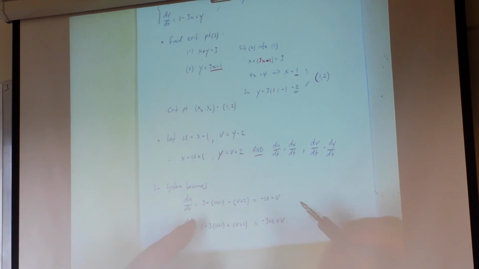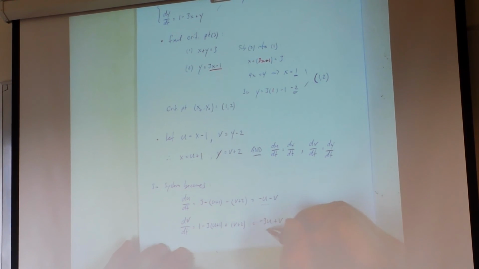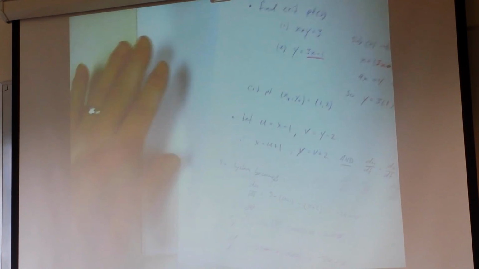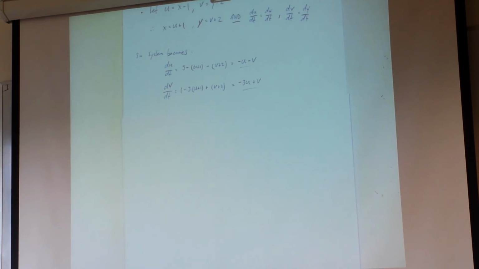And now watch these constants. I'm going to have 1 minus 3 times 1, so that's 1 minus 3, that's negative 2, plus 2, it'll knock out. Look at that. Great. So now 0, 0 is obviously a critical point of that system.